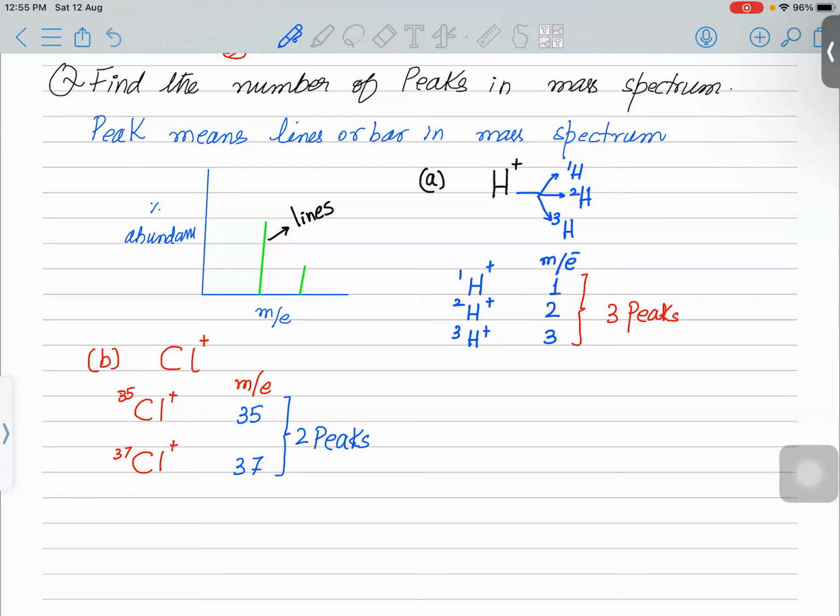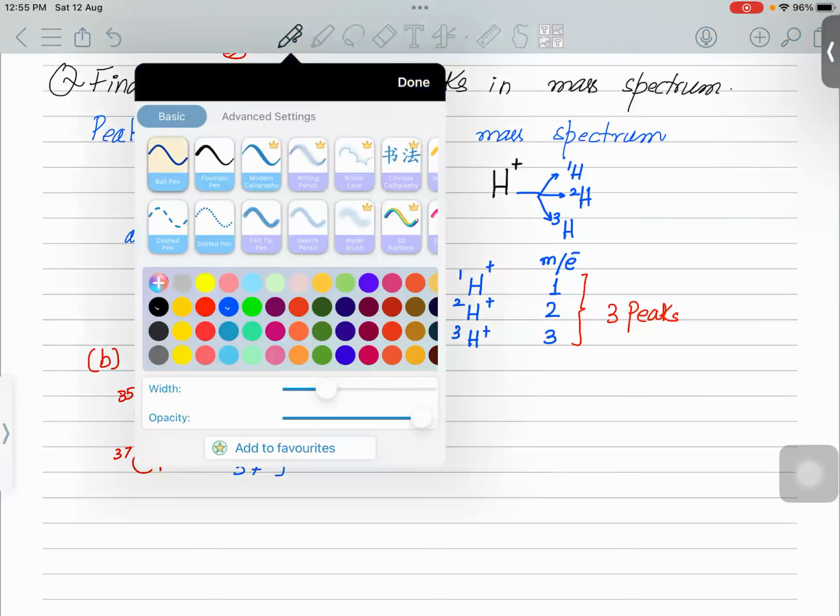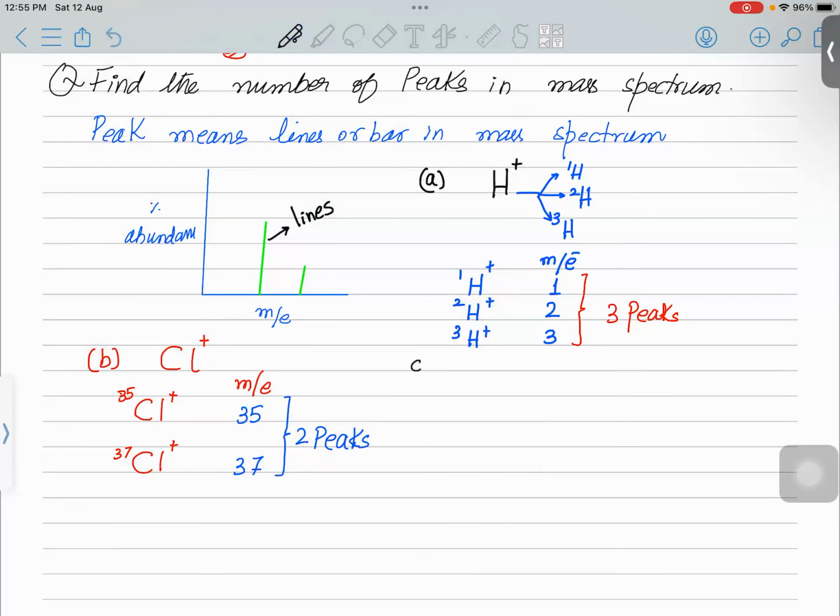These peaks are called atomic peaks because hydrogen is an atom, chlorine is an atom. Now third, Br positive.